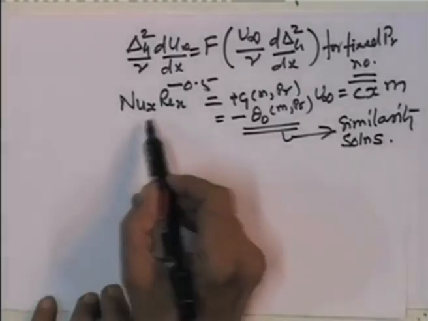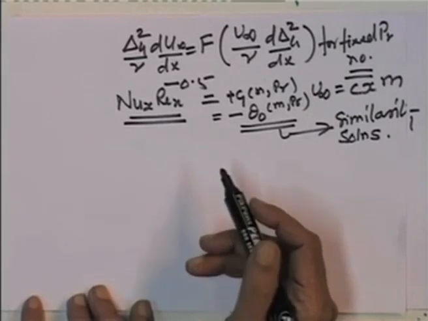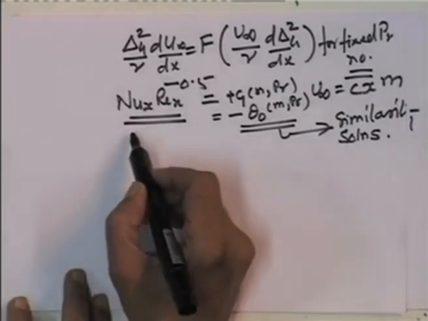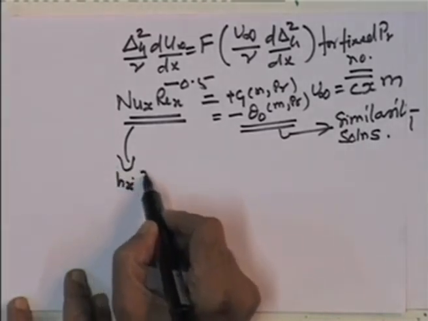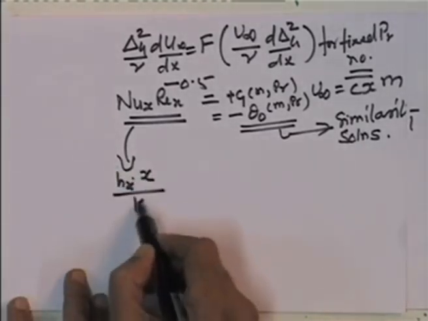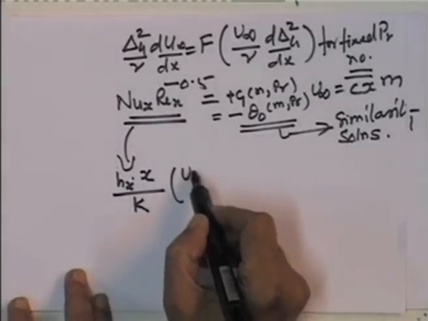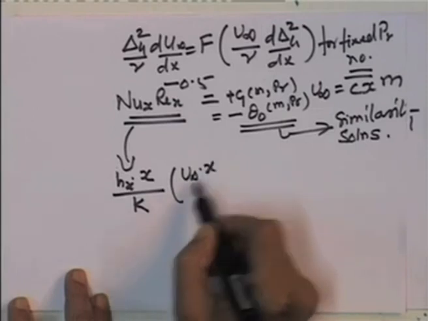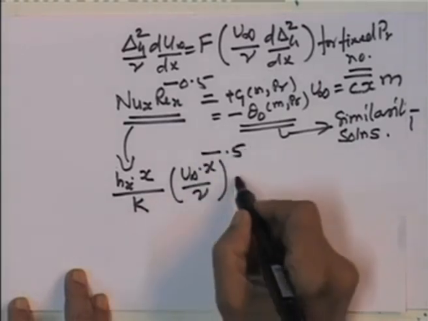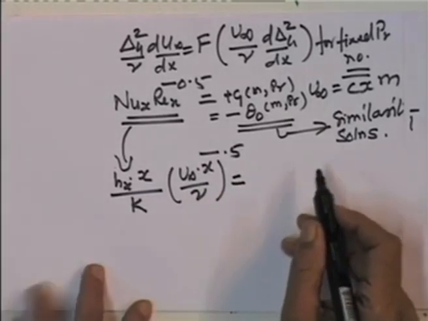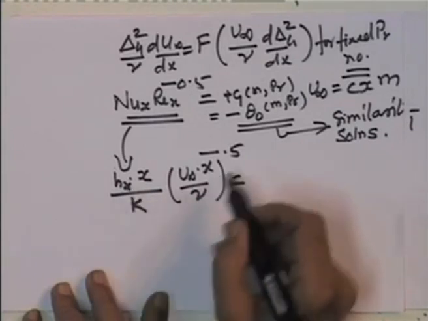So, let us see what Nu x Re x raised to minus half represents. It is nothing but h x multiplied by x divided by k into u infinity into x divided by nu raised to minus 0.5, which I can also write as, remember, k by h x is delta 4.